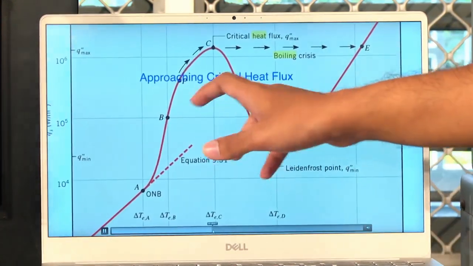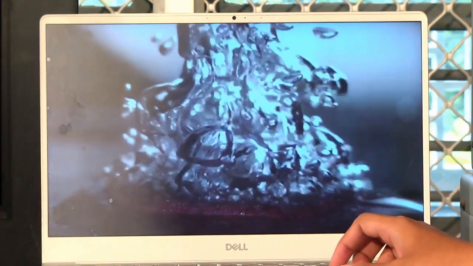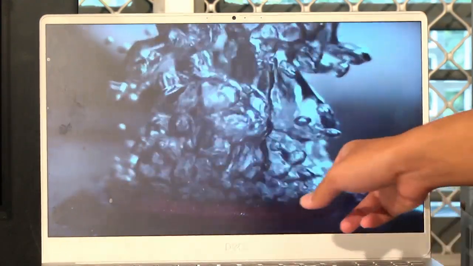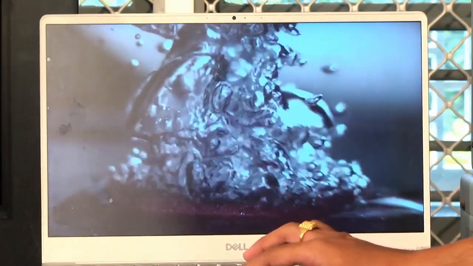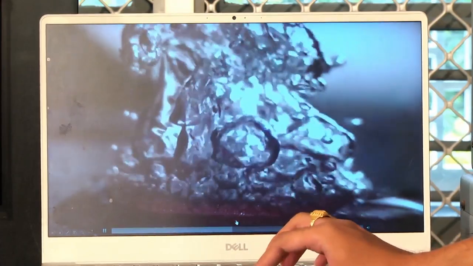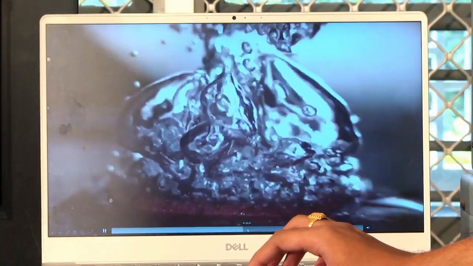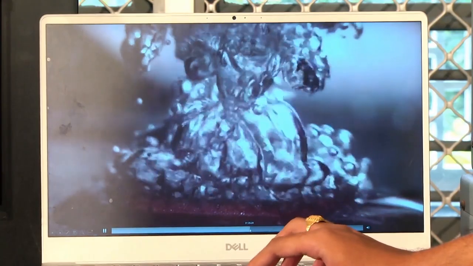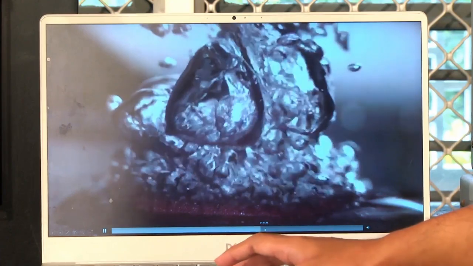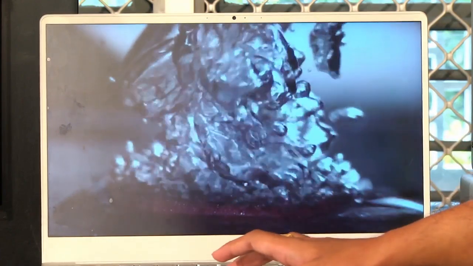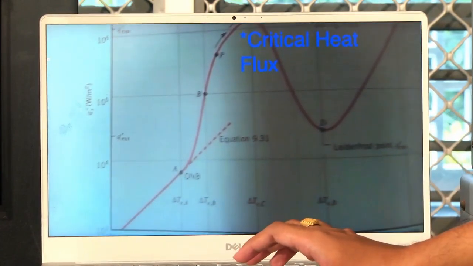And now the regime approaching critical heat flux. Now you can see most of the heater surface is covered with vapor. And the heater surface is covered with vapor and this is near critical heat flux, and this is the point at which critical heat flux occurs.